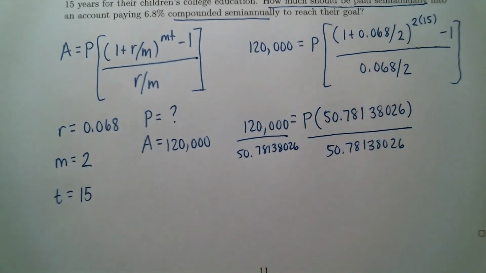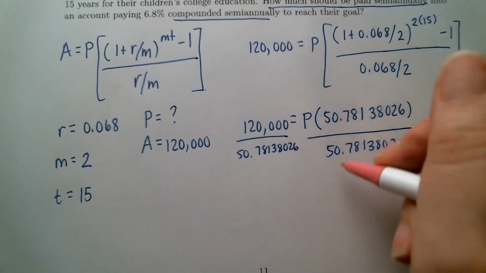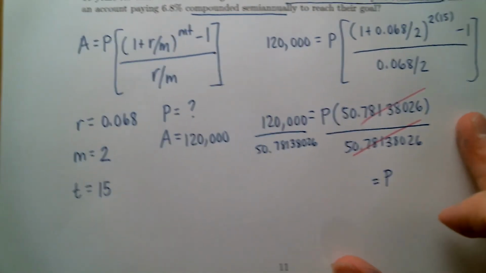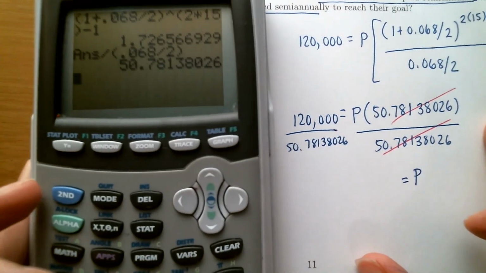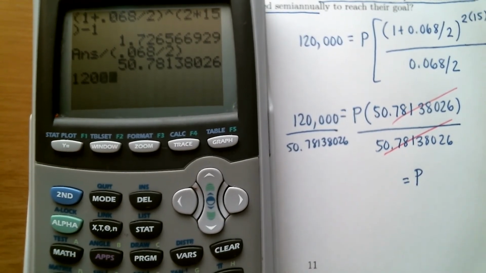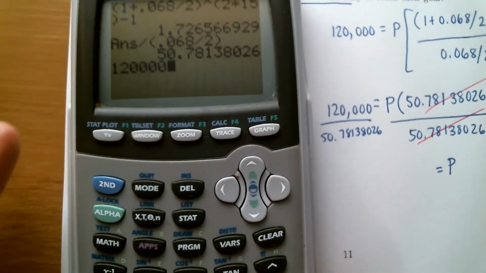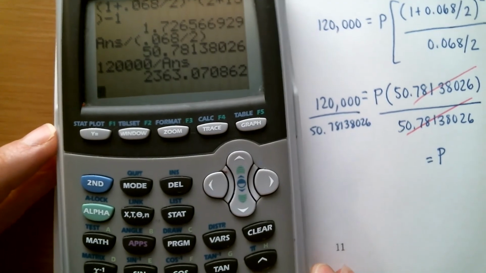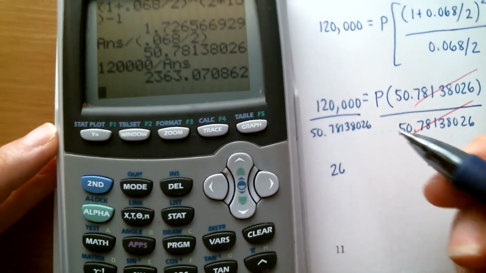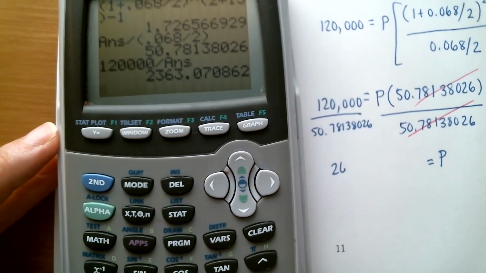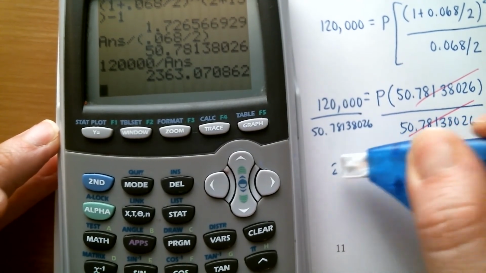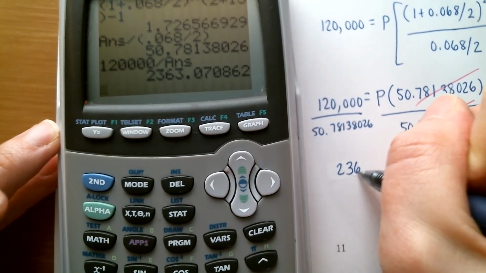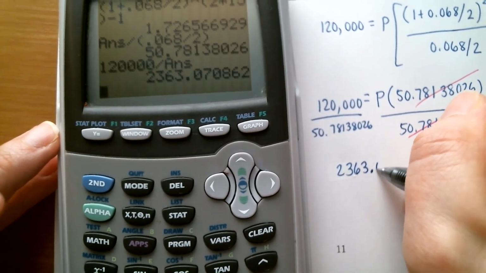Okay, so on the right side, these guys will cancel. Go ahead and plug into your calculator here and see what we're going to get. We can just do 120,000 divided by the previous answer. Okay, and we'll get that answer. So let's write this down. 2,363.